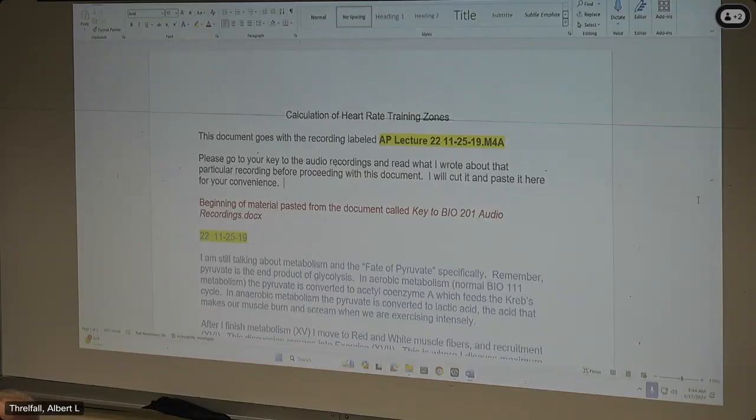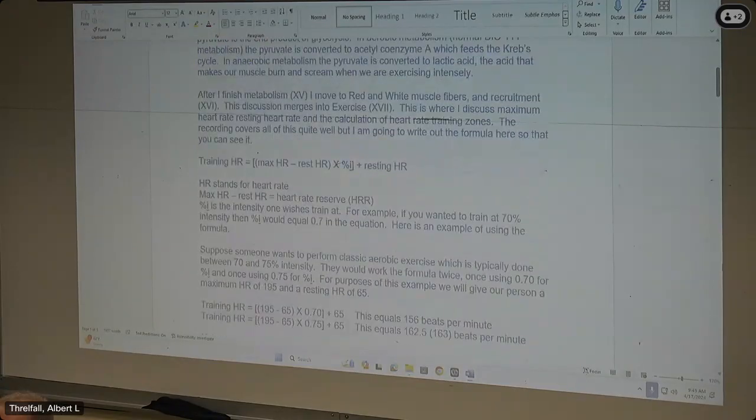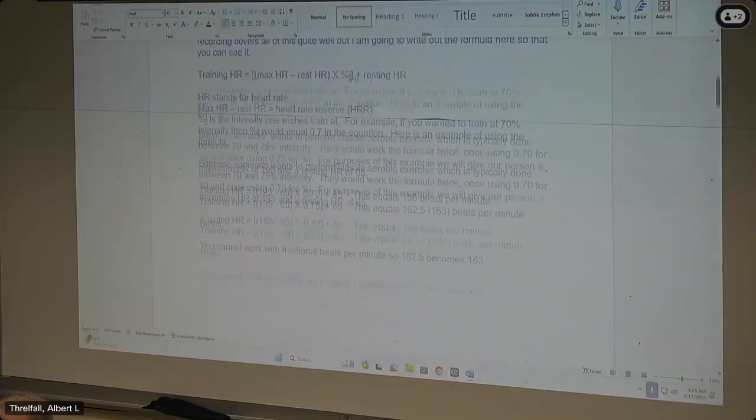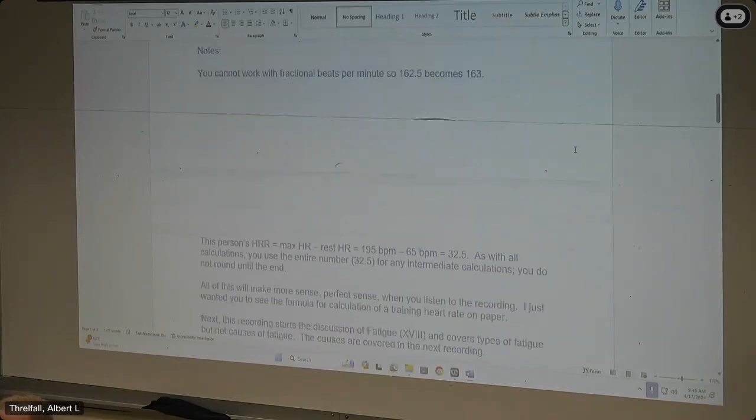And when this document was created, I was on campus for labs, but off campus for lectures. So these things that I've highlighted in yellow tie each document to the lecture outline. You don't need that, so just ignore it. But read this. There's the formula. You'll see numerous examples. Look right there, I'm pointing out there's no such thing as fractional heartbeats.